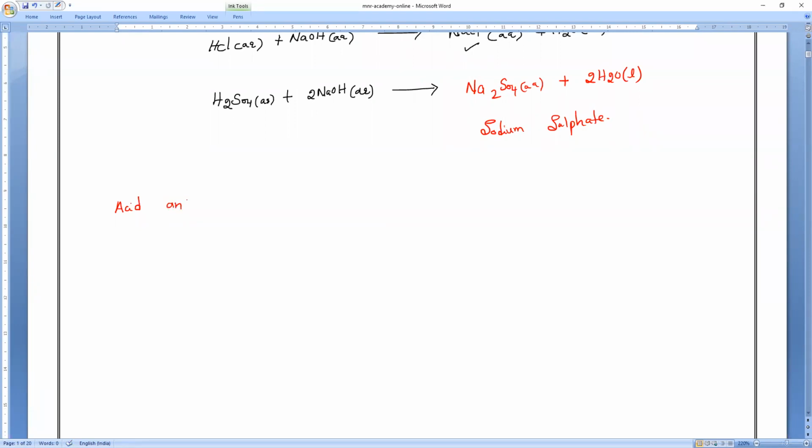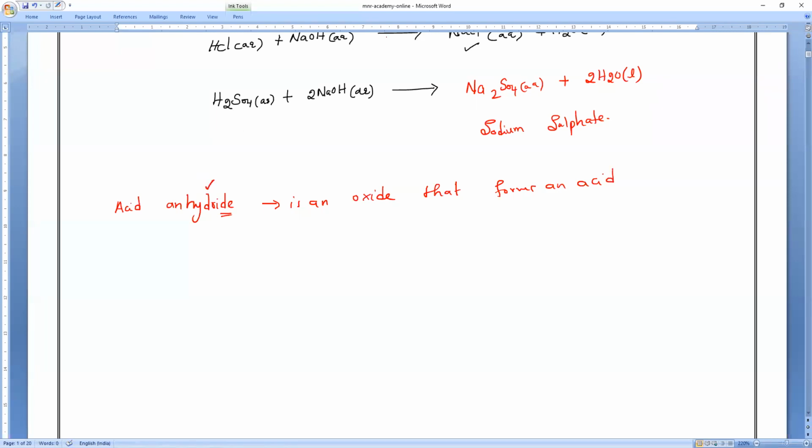Acid anhydride means there is no water present. It is an oxide actually. So if there is no water present, then that acid anhydride is an oxide that forms an acid.